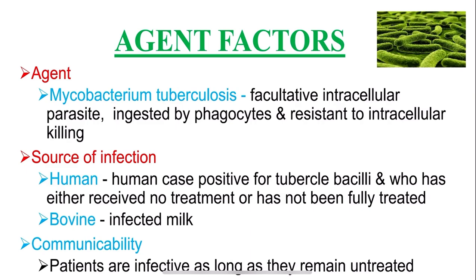A human case which is positive for tubercle bacilli, who has either received no treatment or has been only partially treated, is the main source of infection. The bovine source of infection is usually infected milk. In India, we have, okay, we'll discuss it in the next slide.